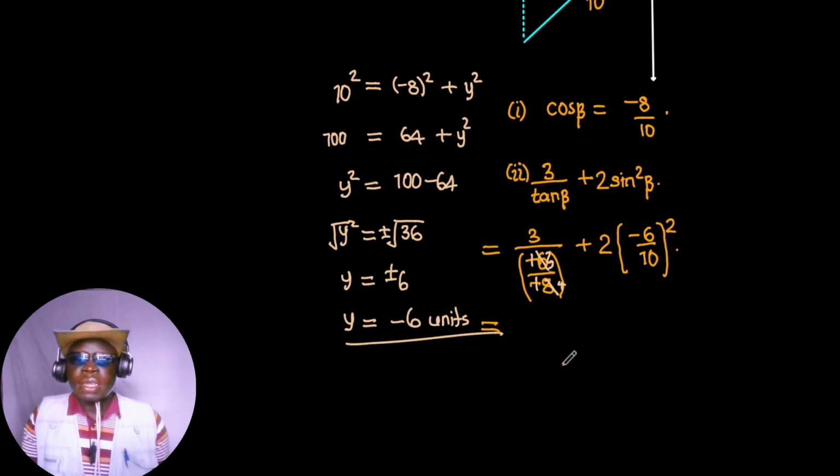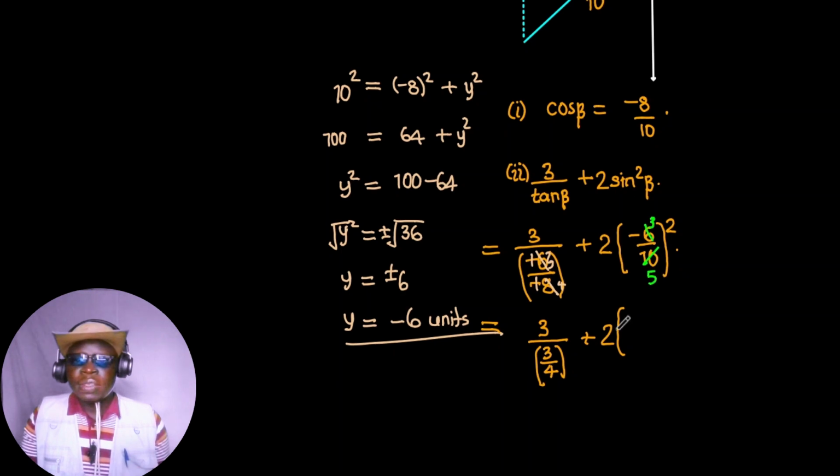What we have here, the first term is 3 all over 3 over 4. And the next one here is 2 multiplied by, I think I can also reduce this down, let's say, by 2 to 3 and by 2 to 5.